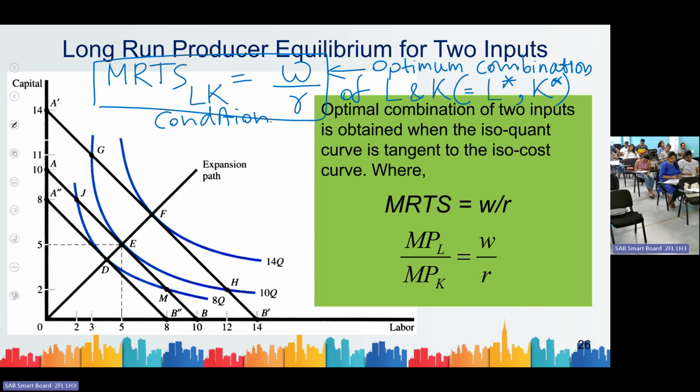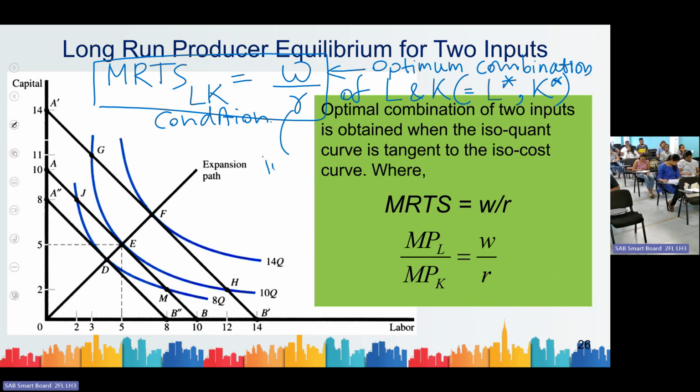At that point, the two curves are tangent. If the slope values of two curves are the same, it implies that at that point the two curves are tangent. So the marginal rate of technical substitution equals W over R, which we call the input price ratio.